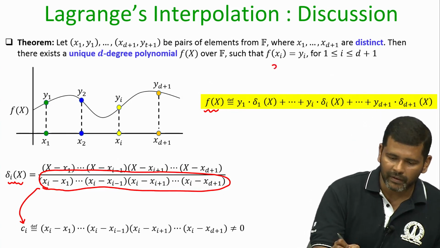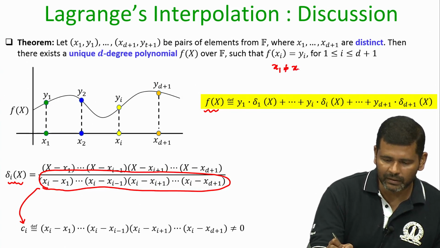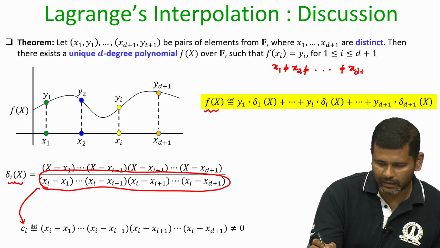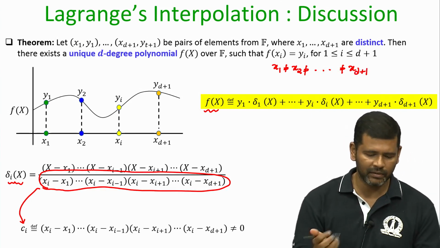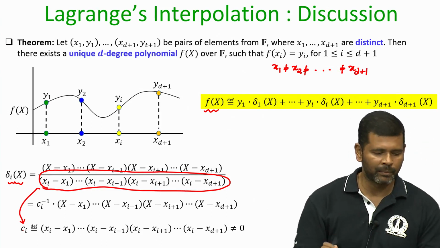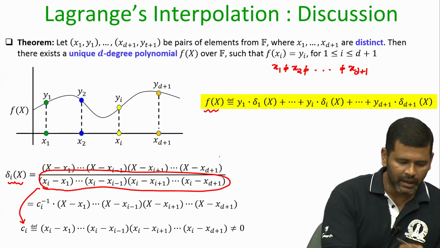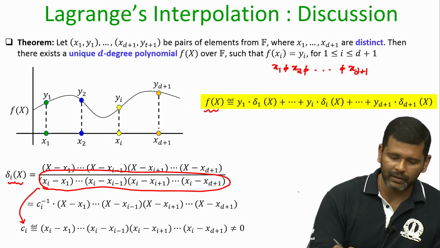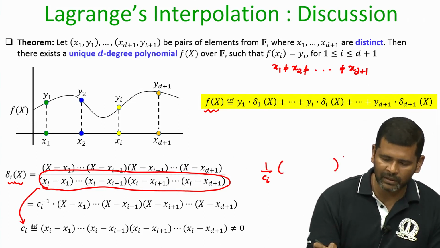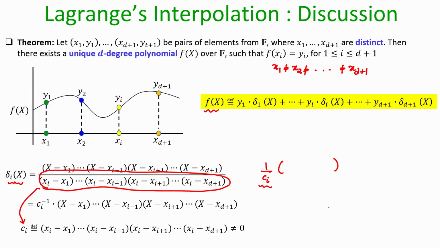Because none of the given x values are the same, all of them are distinct. So, if I take pairwise differences, I will get a non-zero element, and since C I is a non-zero element, this delta I polynomial should be interpreted as multiplying the numerator by 1 over C I, that is, by the multiplicative inverse of my denominator.